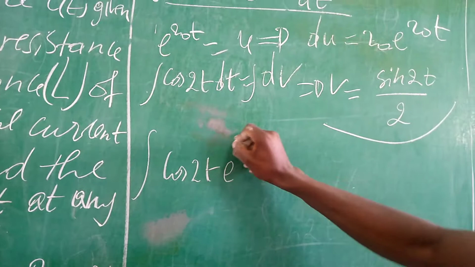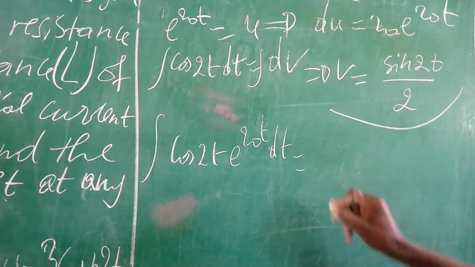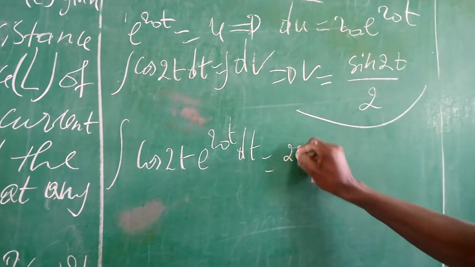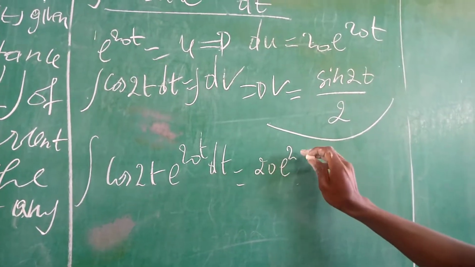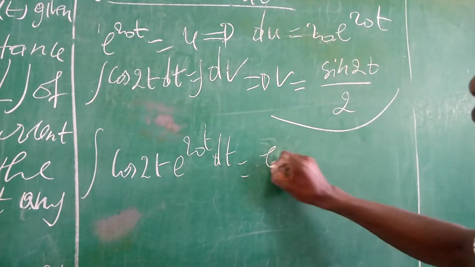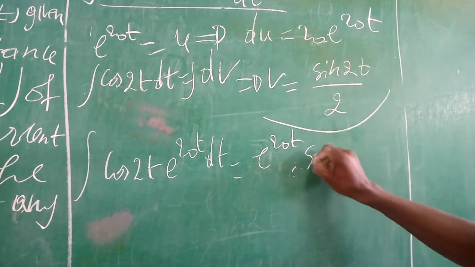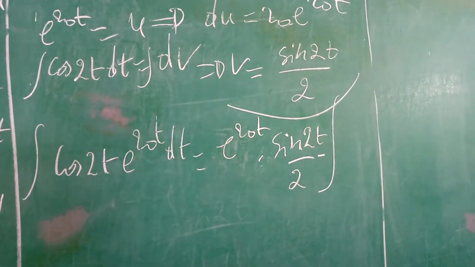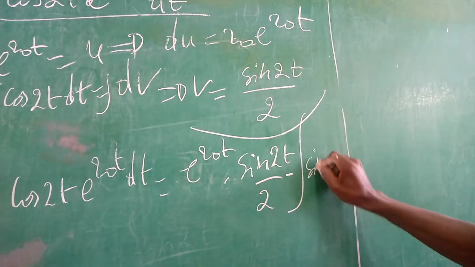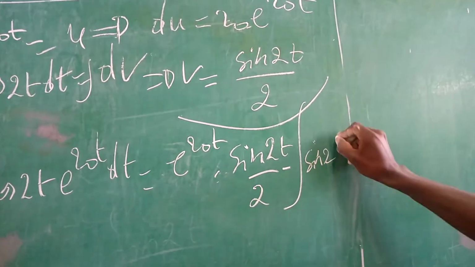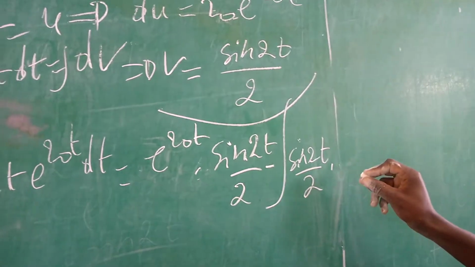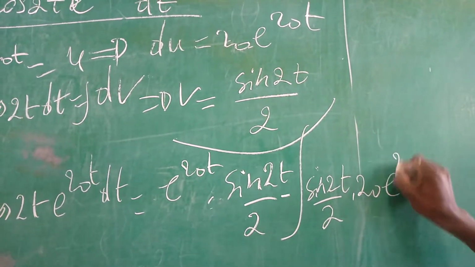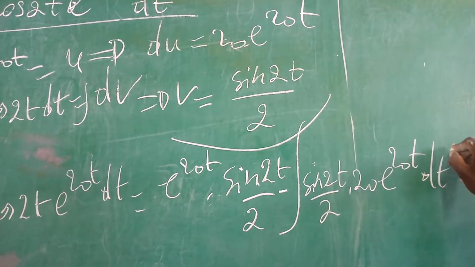Then we use these in the equation, and we get that the integral of cosine 2t e^(20t) dt is equal to u times v, which is e^(20t) times sine 2t over 2, negative the integral of v du, which is sine 2t over 2 times 20 e^(20t) dt.